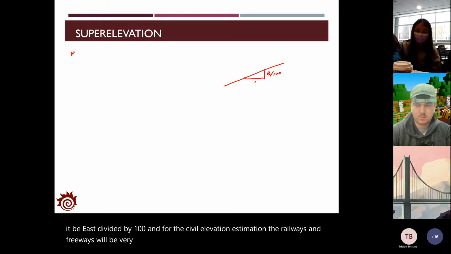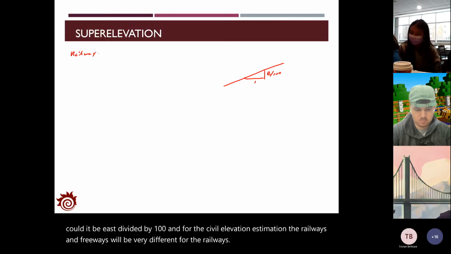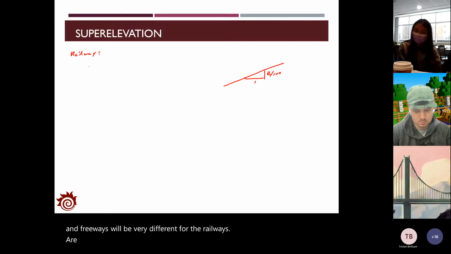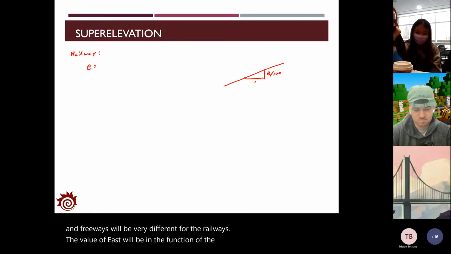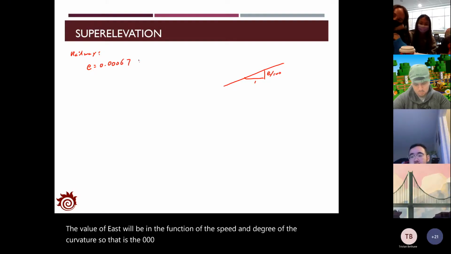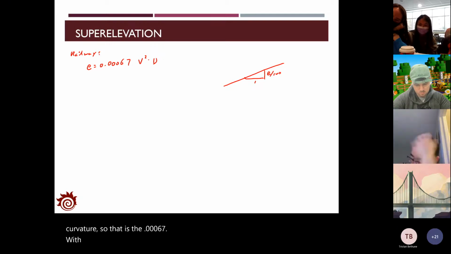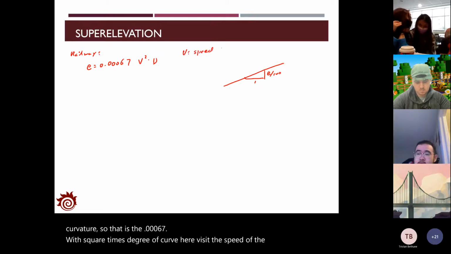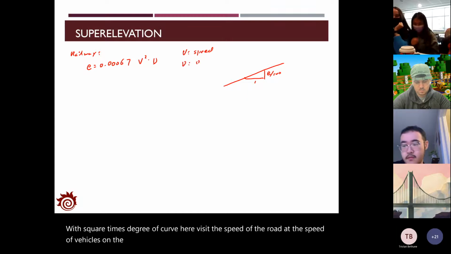For the railways, the value of E will be in the function of the speed and the degree of the curvature. So that is E = 0.00067 v squared times D. Here, v is the speed of the vehicles on the road, and D is the degree of the curve.